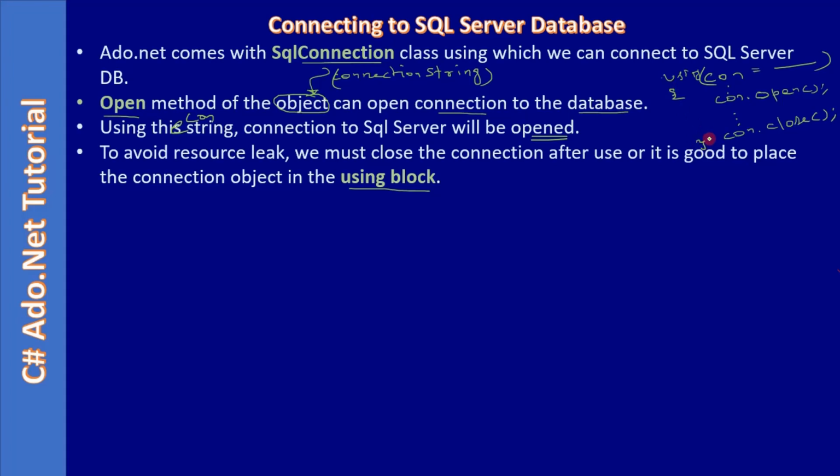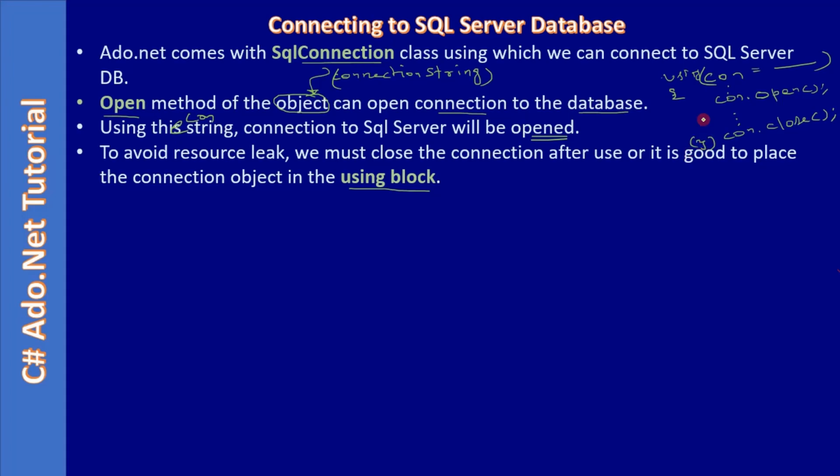In the using block, when the code flow sees the closing block, it will automatically close the connection. So there are two ways. One is you can open the connection and manually close it, or place the connection object creation in the using block, and inside the block use the connection, and you need not close it. Once the closing parenthesis is seen, ADO.NET will close the connection for you.